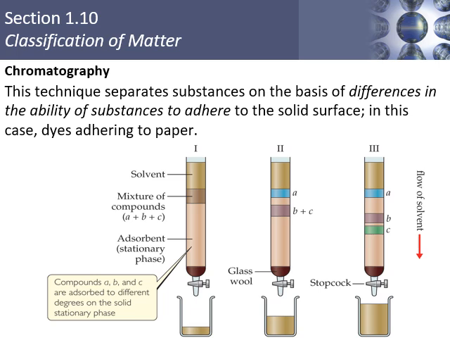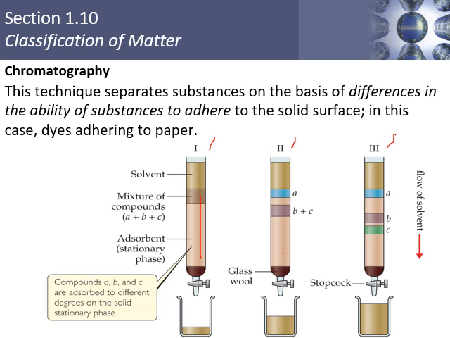Next slide. And then here's the chromatography business, which you may do at HCC. If you don't do it here, you may do it somewhere else. You take a mixture and stick a piece of this chromatography paper in it, and different things will go up from the mixture at different distances. I guess they're starting at the top on this one, so you start off at the top here, and they separate out slowly.